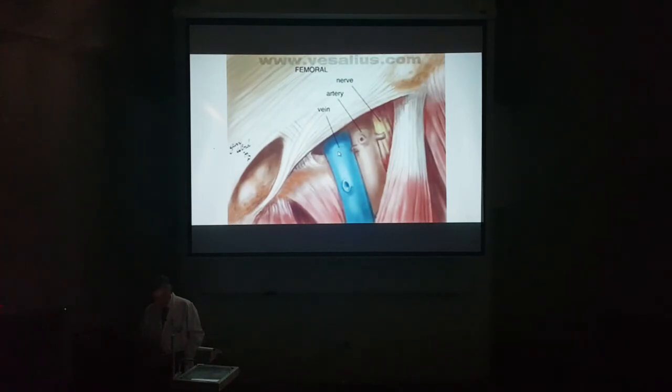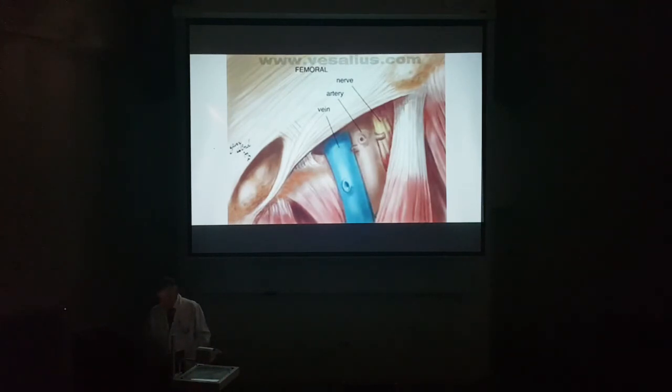This is the femoral vein, femoral artery, femoral nerve. This space here is what? This is the femoral canal, which usually contains connective tissue and quite a few lymph nodes.